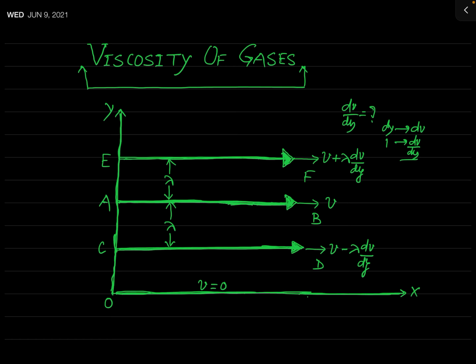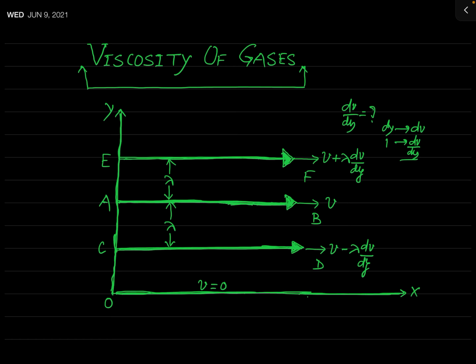Don't confuse this velocity v with the thermal velocity of molecules. This is not the velocity of molecules, but the velocity due to mass motion, that is, the gas as a whole is flowing. So this is the velocity of flow of the gas in layer AB, and I have assumed that this is v.